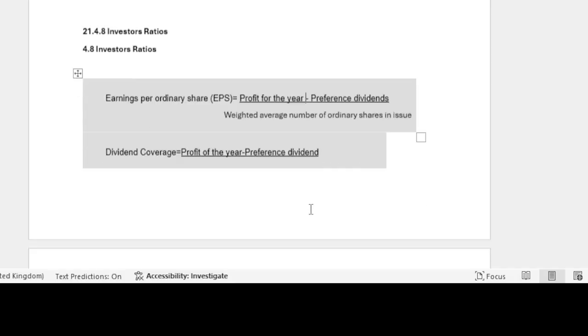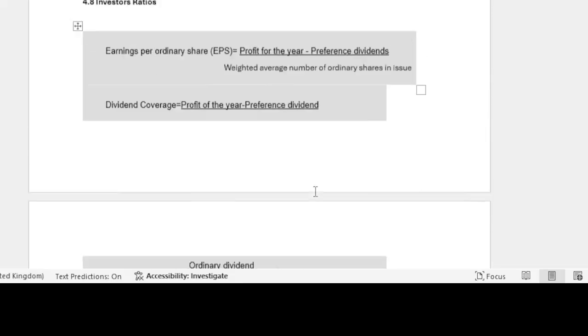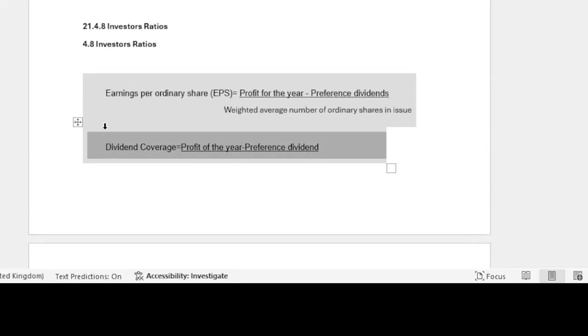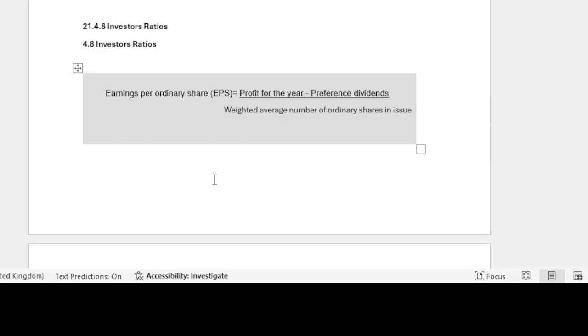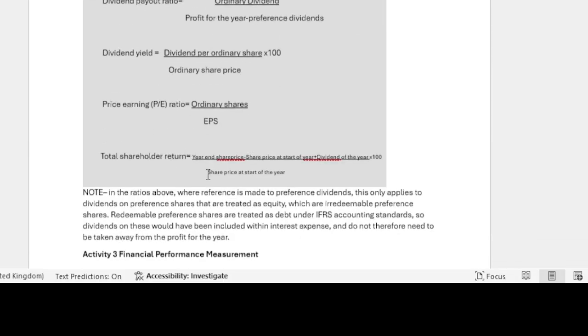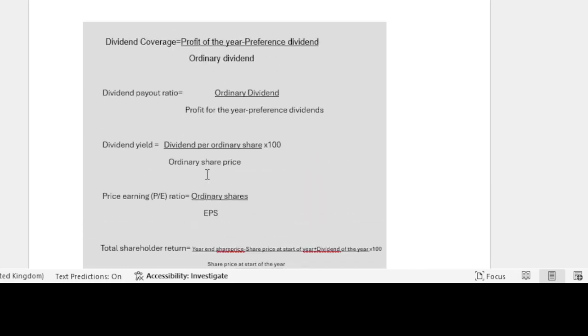We want to know how much earnings shareholders can get per share of their investment. Then we have dividend cover, which especially will be for the ordinary shareholders. We get the profit for the year, less the preference dividends, and divide it by the ordinary dividends to know the dividend cover.